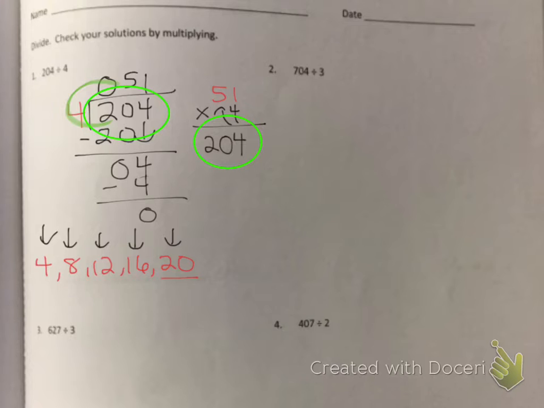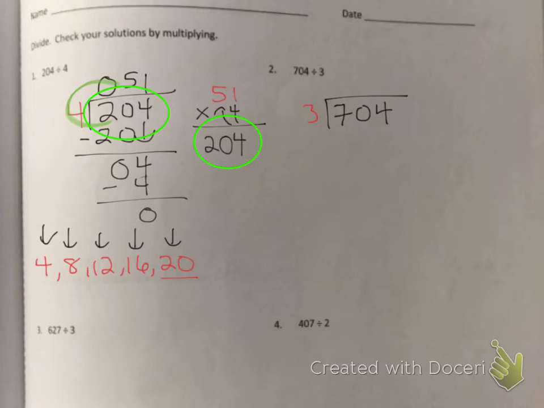Remember, pause the video at any time if you do need assistance or if you do need to slow it down a bit. Pause the video each time so that you can understand what we're doing here. So let's go into our next problem. 704 divided by 3. Okay, so remember, I need 3 to make a group, 3 dots or 3 discs to make a group.